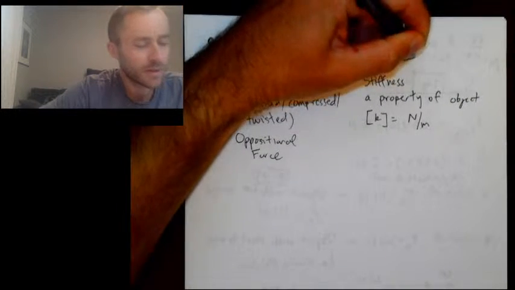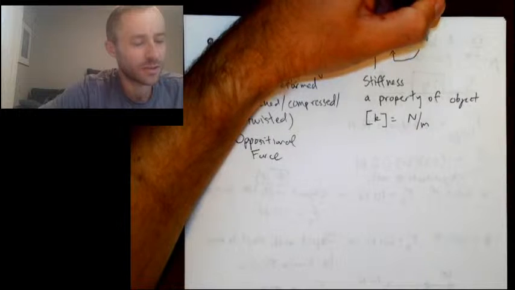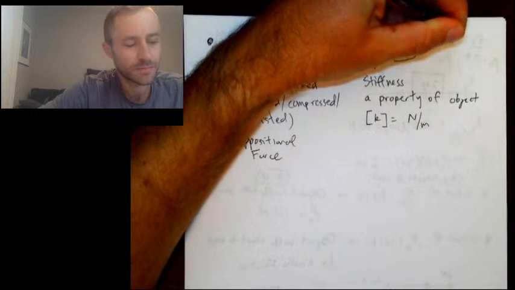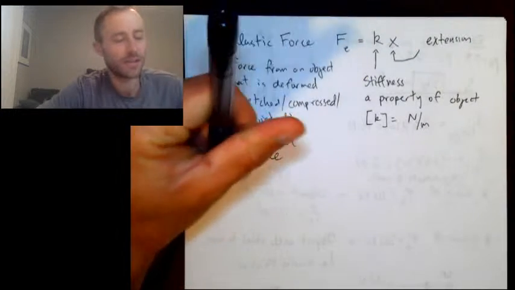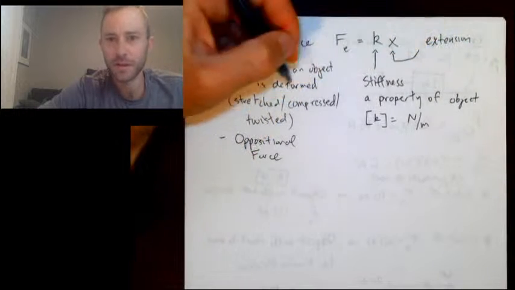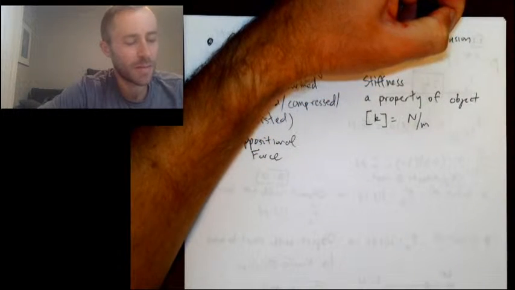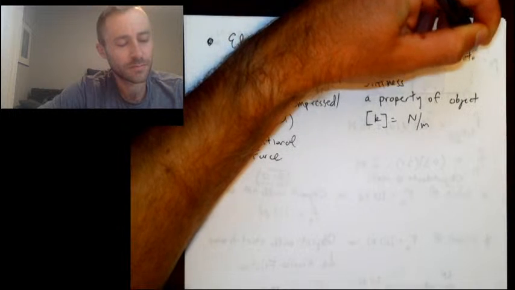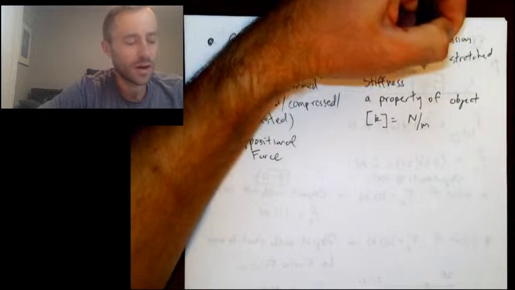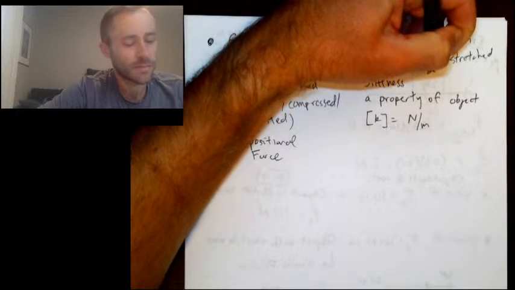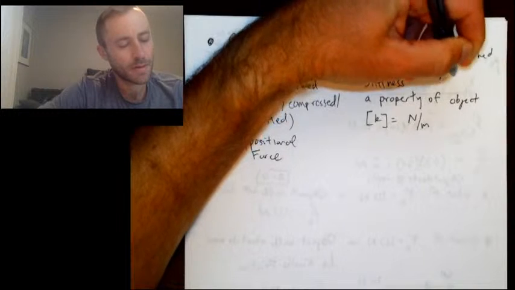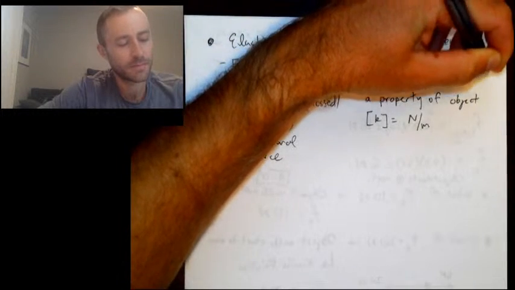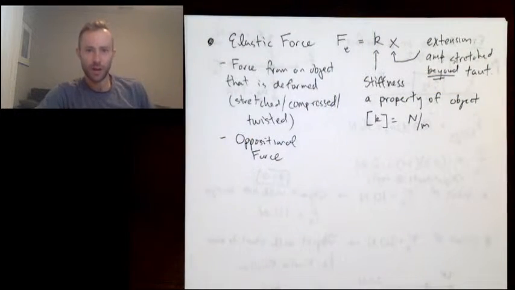x is called the extension, and it's basically the amount stretched beyond taut. And that's important, beyond taut.